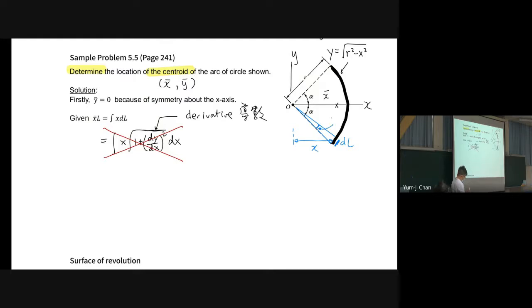For this small angle, we have d theta here. Can we write dl in terms of theta? If we know the angle d theta, can we know the length dl? Yes, because dl is equal to r d theta.